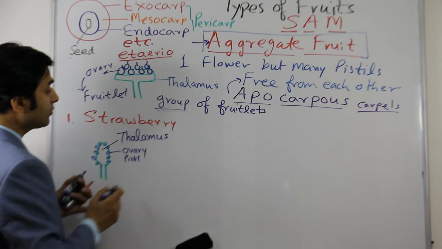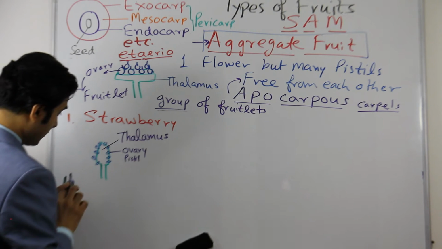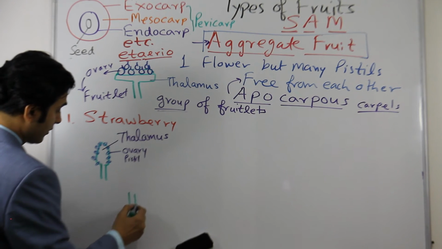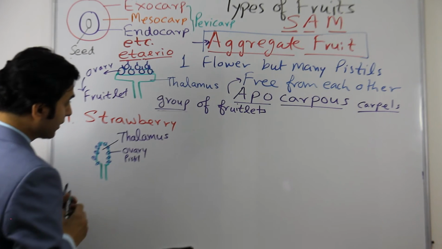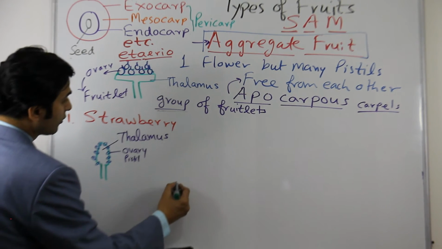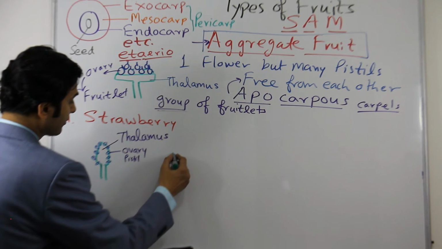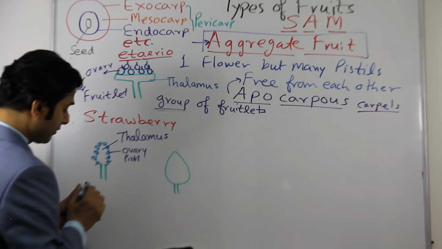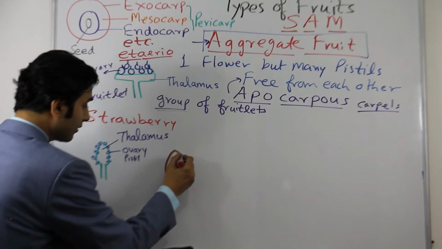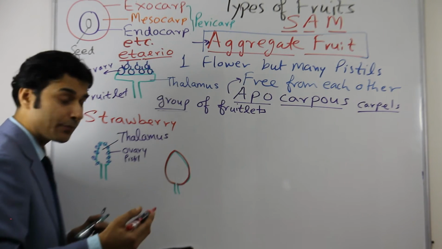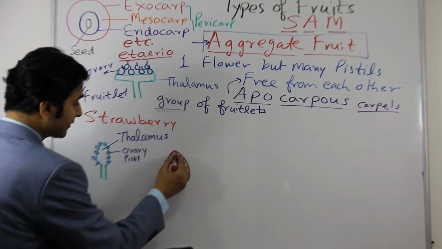Now in the process of fruit development in strawberry, the thalamus becomes juicy. So here what happens, the thalamus swells and changes into red color like this when the fruit ripens, and this red color is the thalamus.